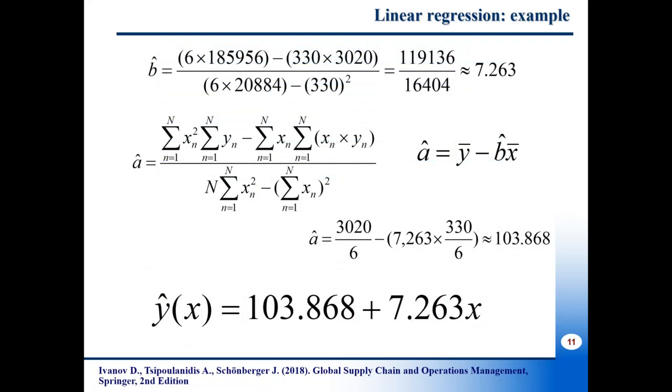And then we can put those two values into our regression equation. This is A, this is B. And we finally get our regression model for the problem in our slide.